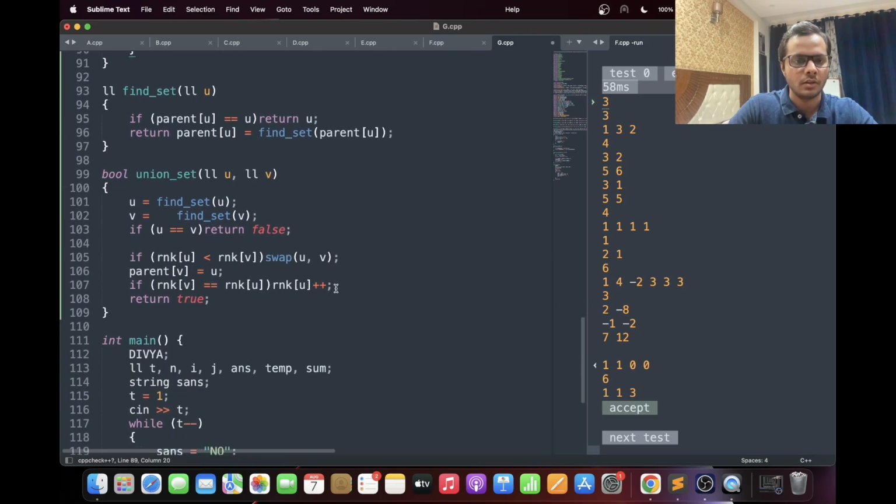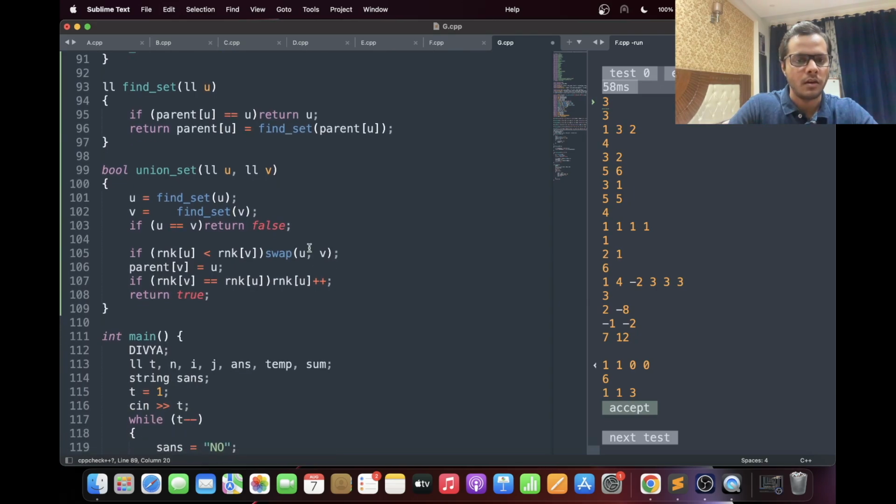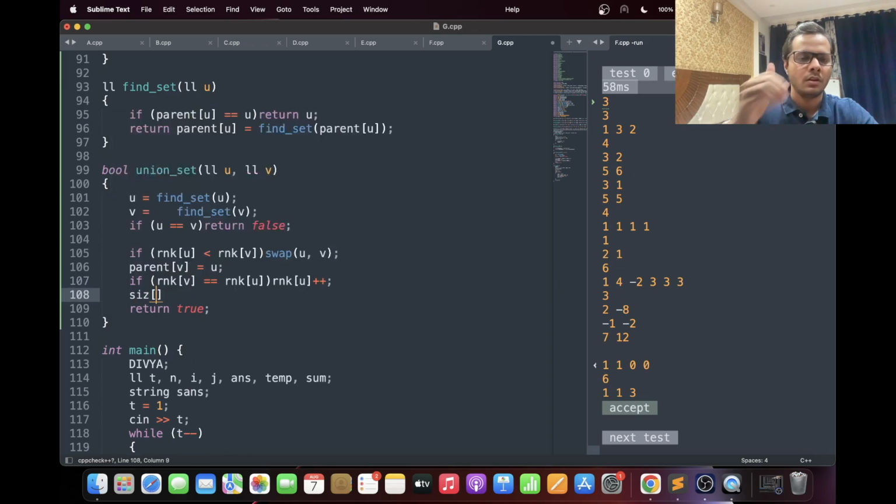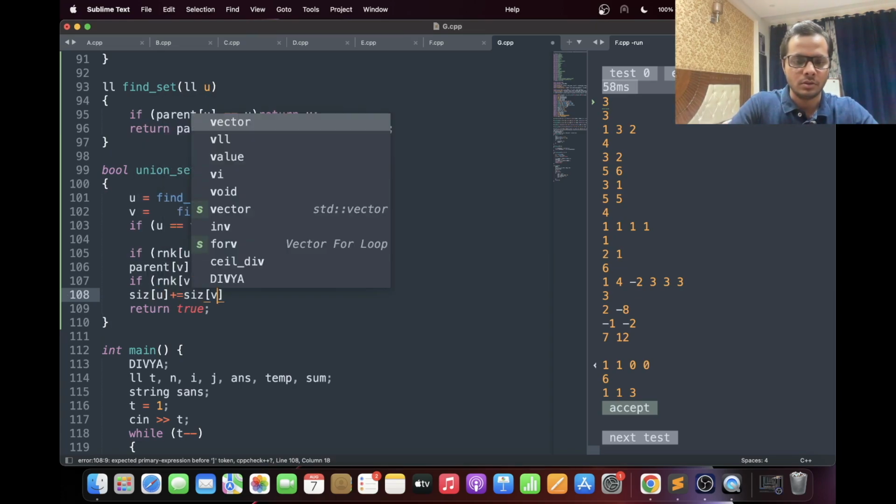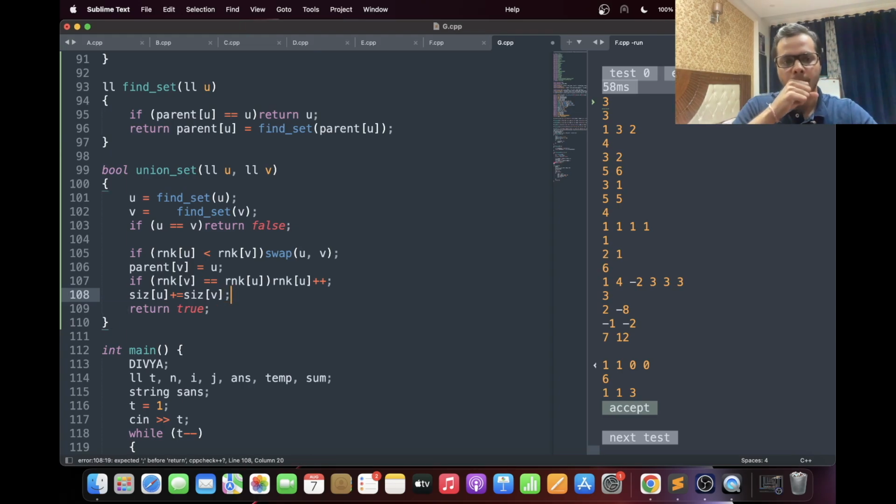So sz of u plus equal to sz of v. This way we are maintaining the sizes. Cool.